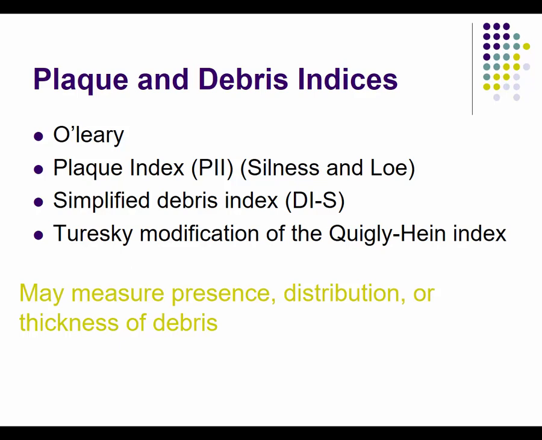It's a straight up percentage of areas that have plaque on them, so it's a little easier. Then there's the Simplified Debris Index, and the Tursky modification of the Quigley-Hine. I just like the plain old PI, it's a little easier. But all of these measure the presence of plaque, thickness of plaque, or distribution of plaque.